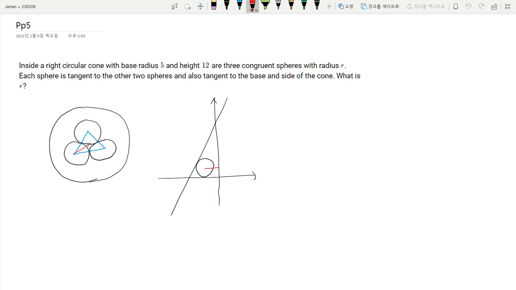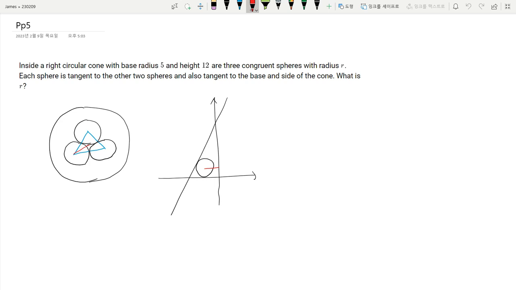The red line's length is, because the center of the base circle, how can I say, this center is the orthocenter of the equilateral triangle in this case. So the orthocenter divides the median with a ratio of 2 to 1.